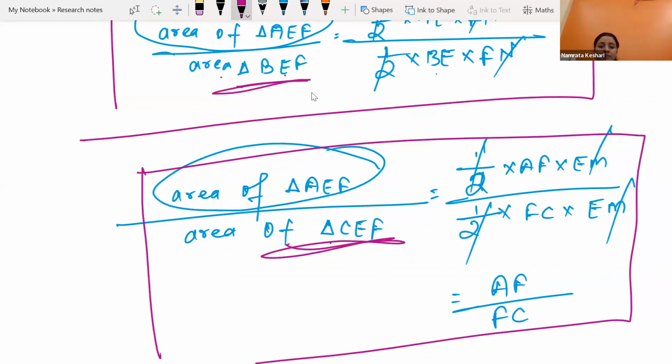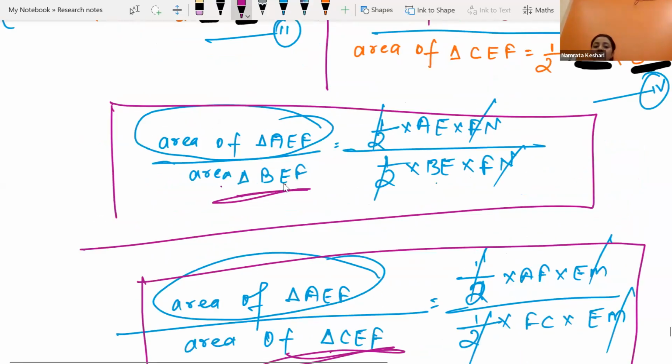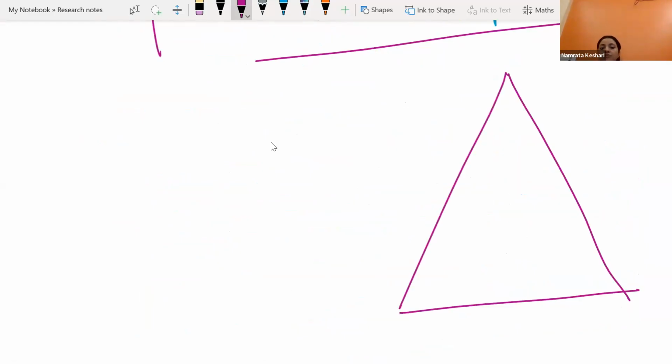Yes, ma'am. Okay, so in denominator we are having BEF and CEF. Again I am drawing the same figure, because I have done that much of lining on that figure, so I'm just copy pasting it.